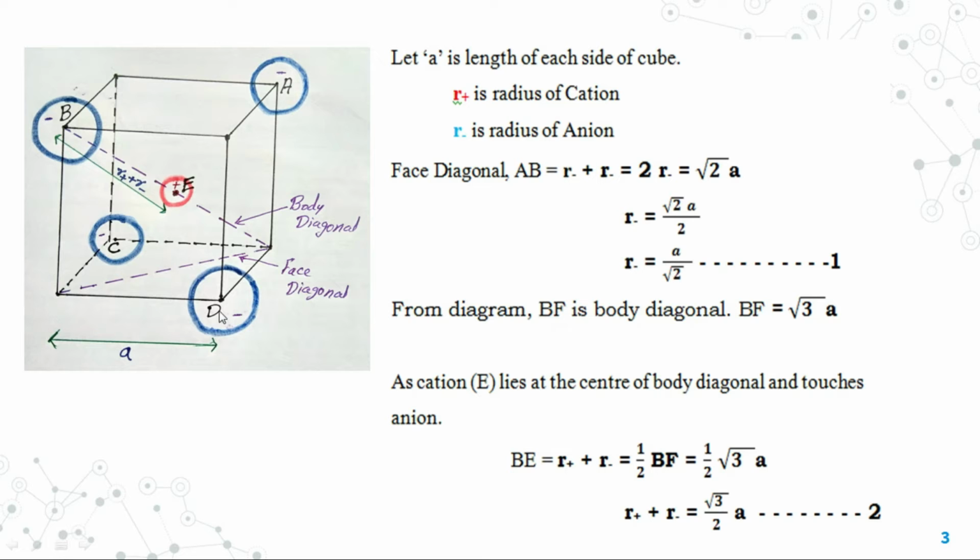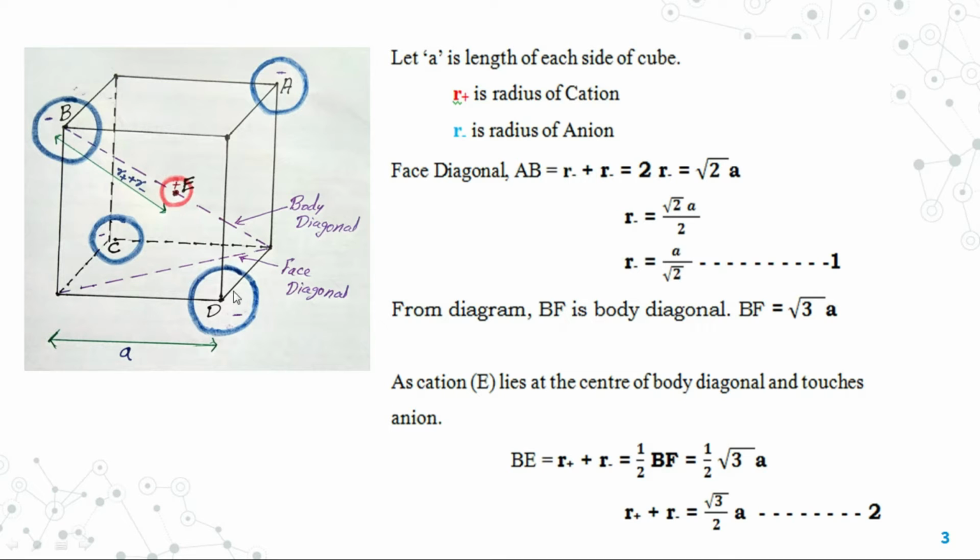As we know, in the case of tetrahedral void formation, the particles, that is anions, will occupy alternate corners of a cube, and our cation is placed at the center of the cube as shown in this diagram. Let me consider A as the edge length of the unit cell, R plus as the radius of the cation, and R minus as the radius of the anion.